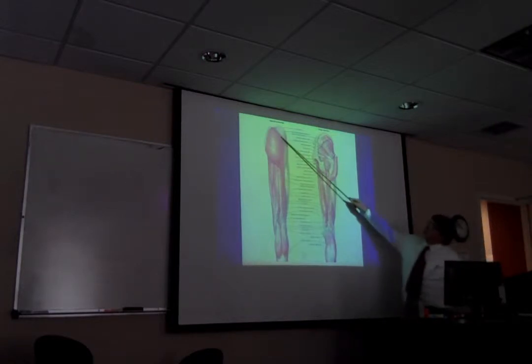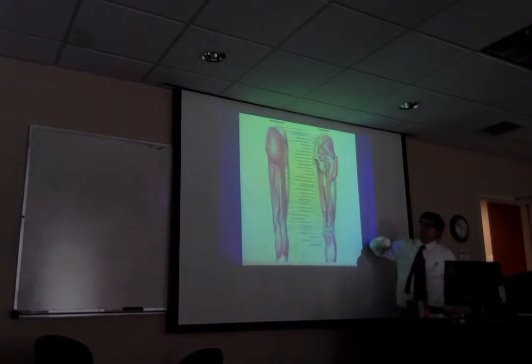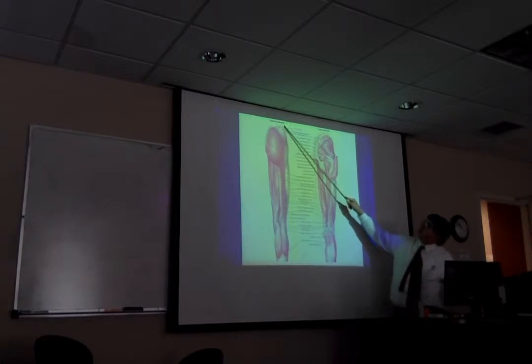It's the major muscle that gives shape to the buttocks. Gluteus maximus. Here's the iliac crest. It originates from the posterior aspect of the iliac crest, and also from the sacrum, all the way down to the coccyx.